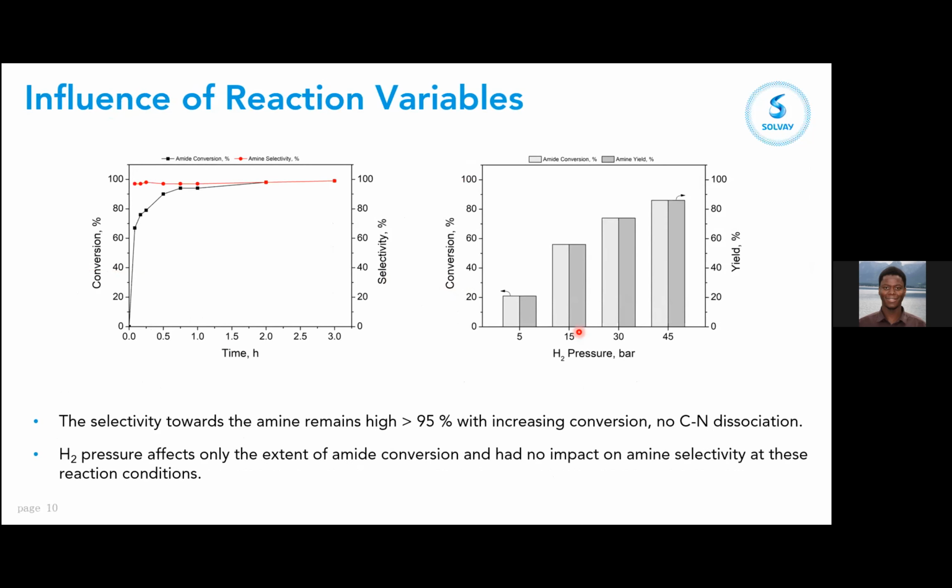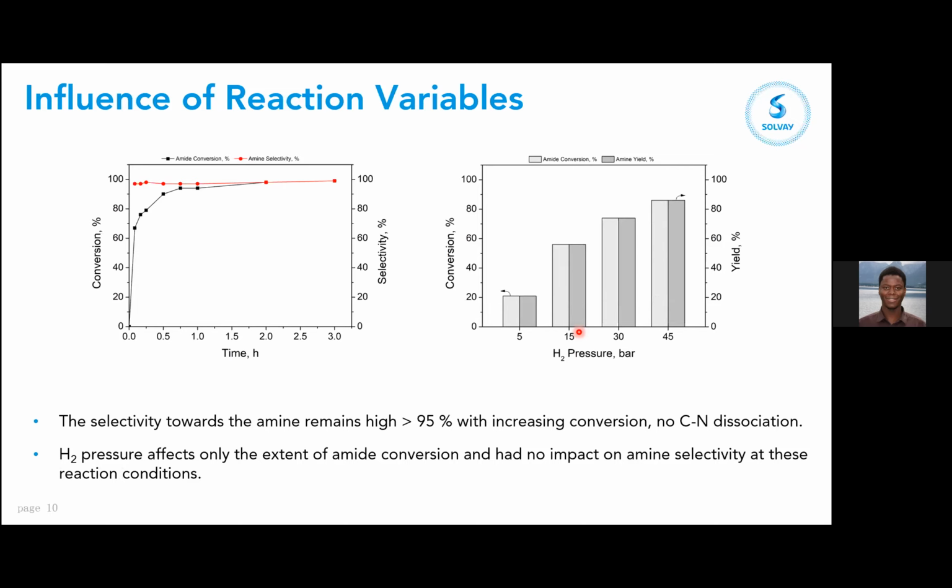And on the next slide, just to show some influence of reaction variables, we show that in the hydrogenation of the amide, the selectivity towards the desired amine remains very high, independent of the conversion. So we don't form side products, mainly due to carbon-nitrogen cleavage.